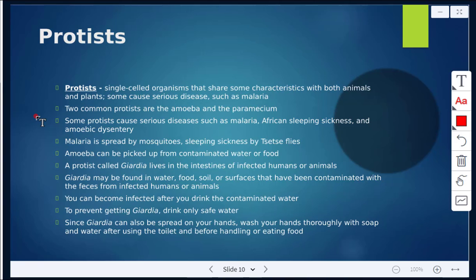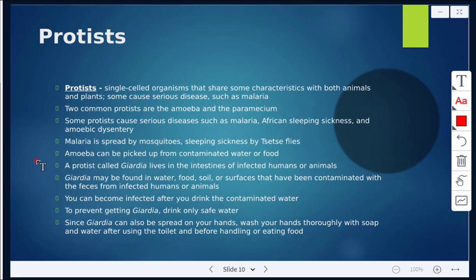Another one is amoebic dysentery. Malaria is spread by mosquitoes, and sleeping sickness is spread by these flies. Amoeba can be picked up from contaminated water or food. And there's a protist in water and in intestines called Giardia.